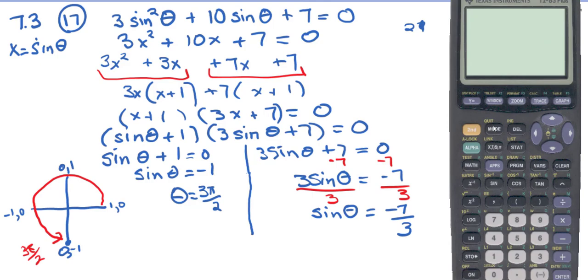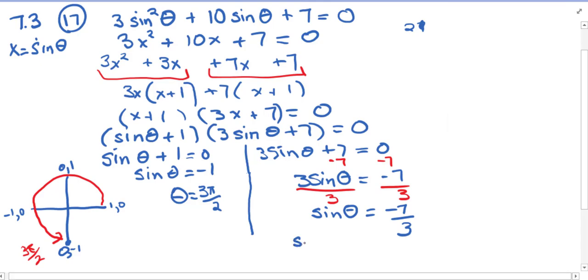Second, quit. And I'm going to switch this around because I want to solve for theta, so I will do sine inverse of -7/3 equals theta.